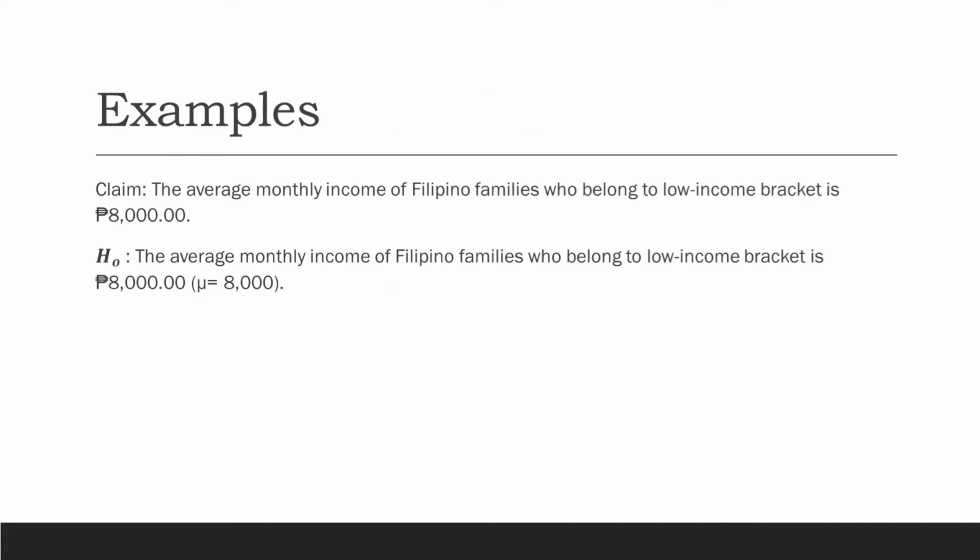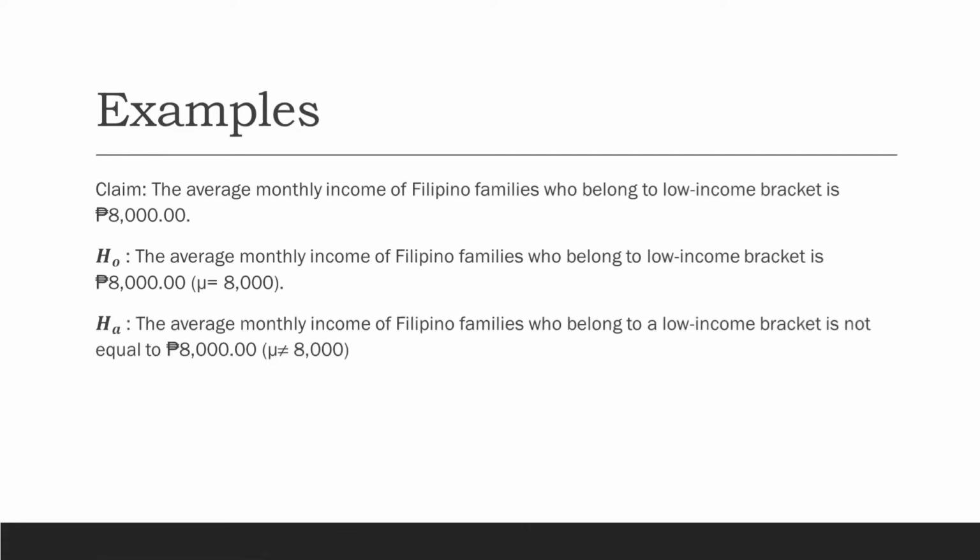So therefore, the notation is mean is equal to 8,000. And for the alternative hypothesis, the average monthly income of Filipino families who belong to a low income bracket is not equal to 8,000. So therefore, the notation is mean is not equal to 8,000.